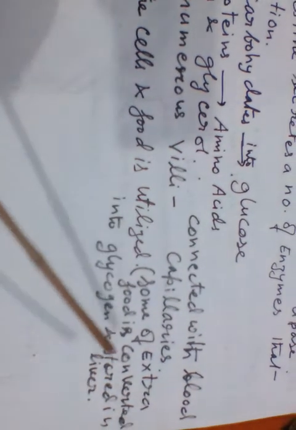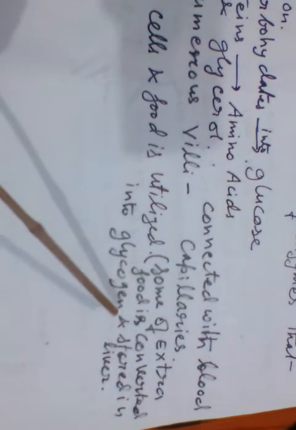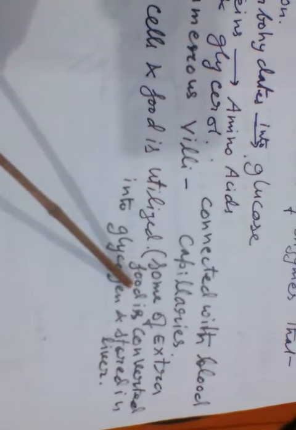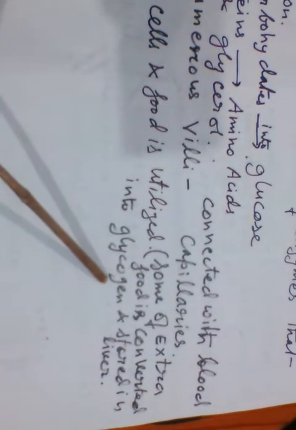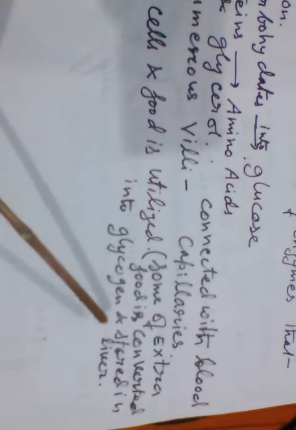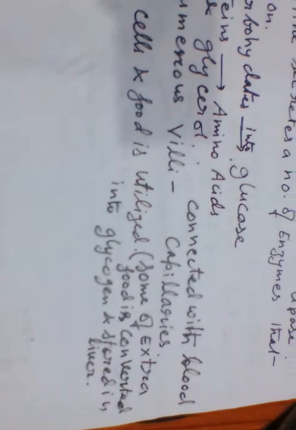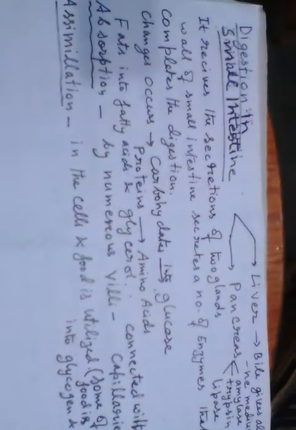The extra food which is not readily used is converted into glycogen, a complex carbohydrate, and stored in the liver. So this is assimilation, and whatever remains as waste material is finally egested out.